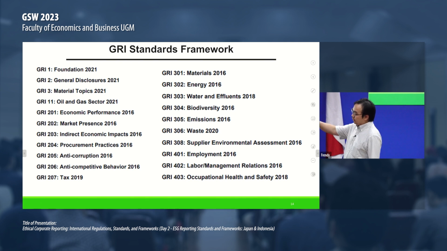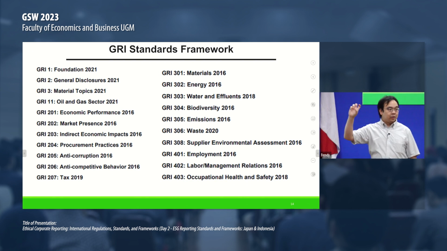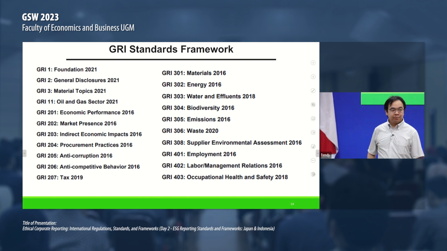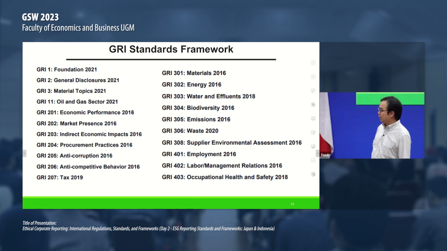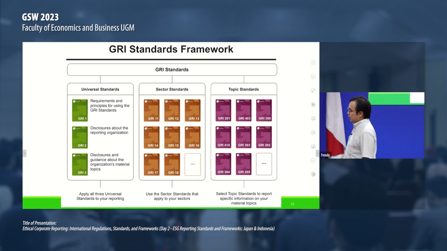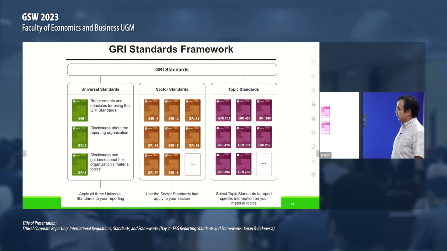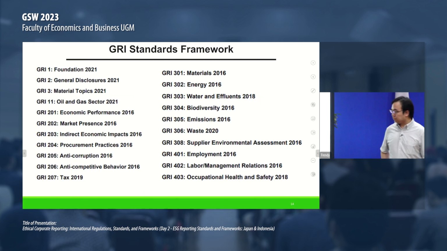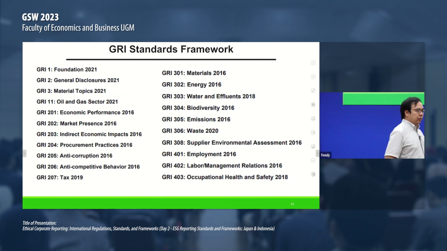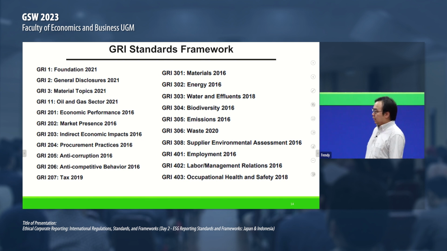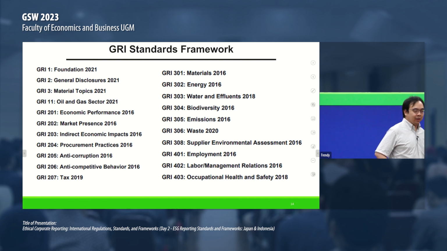So we can see on the left, the first three standards, 1, 2, 3, those are the general standards, shown here. And then sector standards. So far, GRI is only concerned about one specific sector, which is what sector?